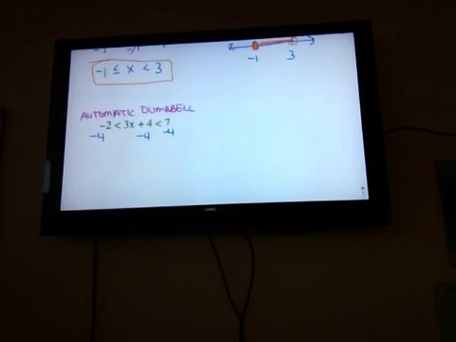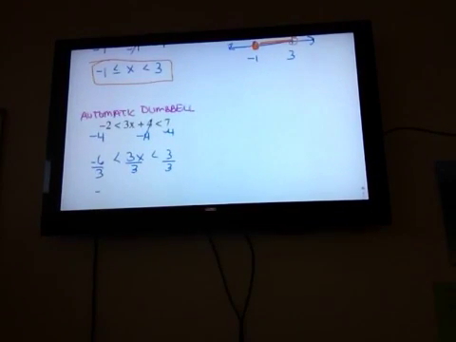So I have negative 6 is less than 3x, the 4's cancel as I wanted them to, is less than 3. Then I'm going to divide by 3 on all 3 parts.